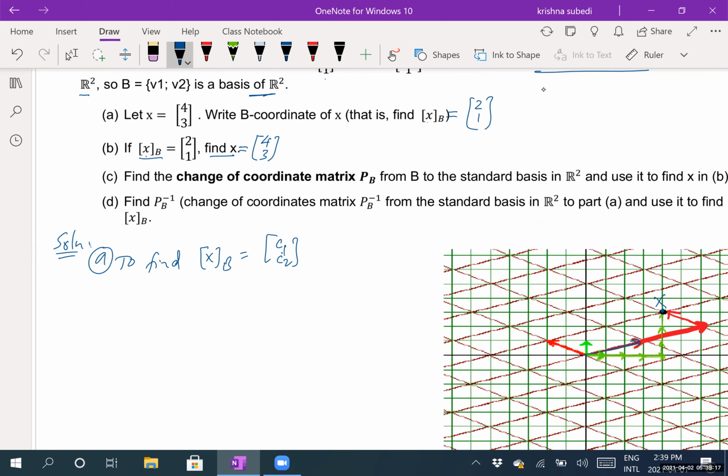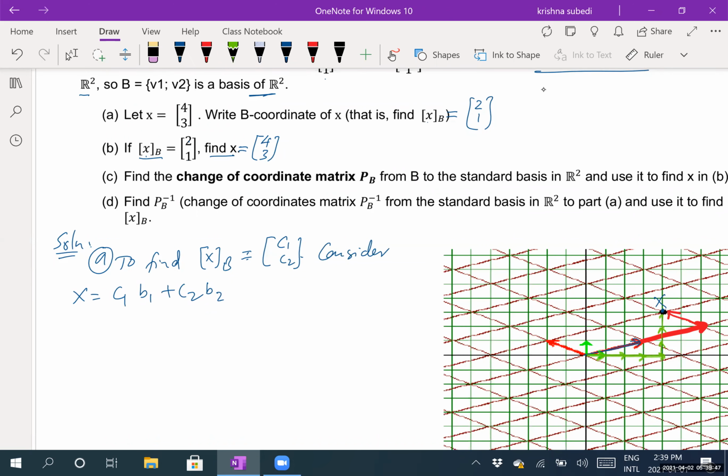To find this, what we're going to do here is consider x equals c1 b1 plus c2 b2.